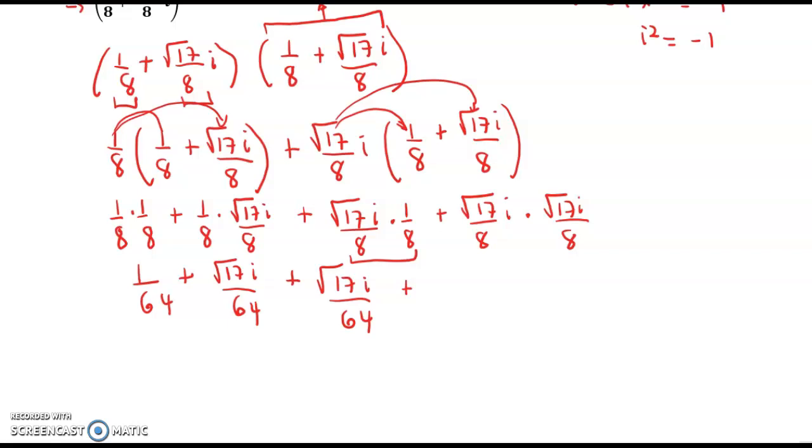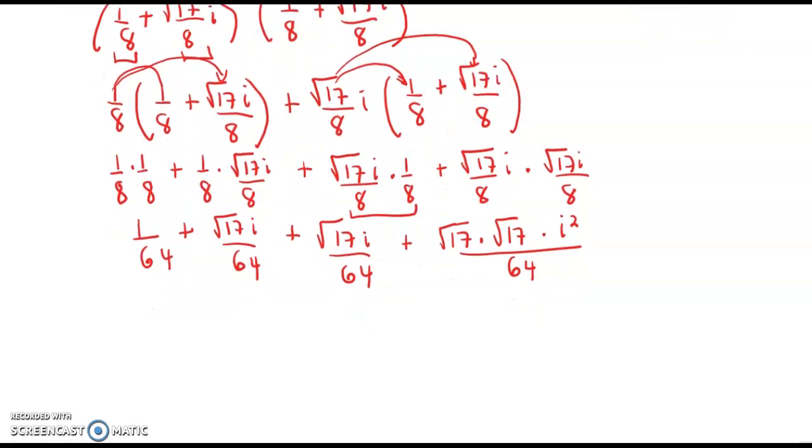Then you multiply root of 17 times root of 17 times i squared. So i times i gives you i squared, and you still have your 8 times 8, which is your 64.